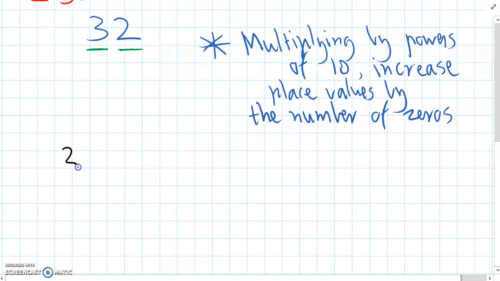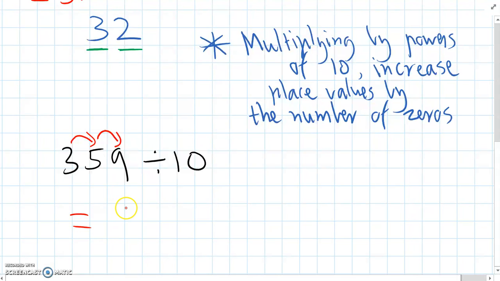So if we have 359 divided by 10, each place value is going to move backwards 1. 3 hundreds will go to 3 tens, 5 tens will become 5 units, and the 9 units will go across the decimal point to become 9 tenths. So 35.9.